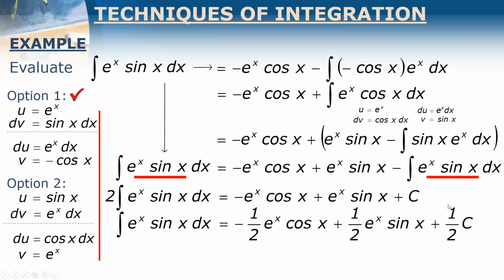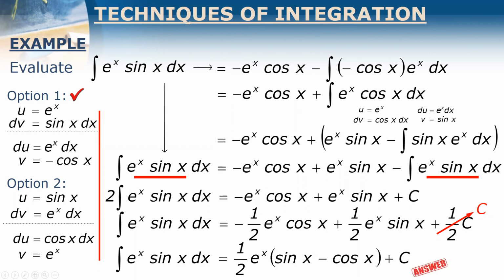So we can just replace 1/2 c by c. And the final answer is this. Let's factor out 1/2 e to the x: 1/2 e to the x, quantity sine x minus cosine x, plus c.